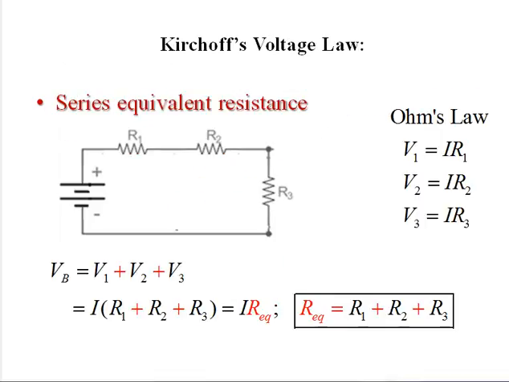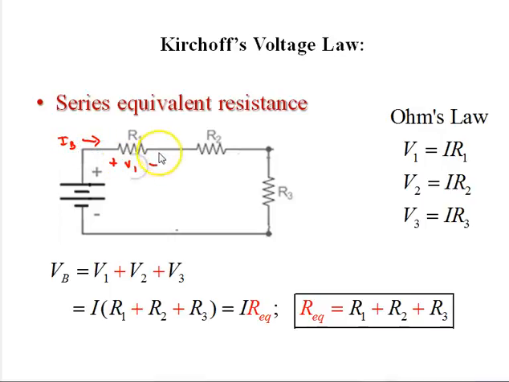We didn't do much with series equivalent resistance. That's a little bit easier to understand. If we did wire these 3 resistors in series, Kirchhoff's voltage law says the sum of all the voltages around a closed loop must equal 0. As we increase the voltage across the battery, we're going to have our current flowing, in this case, clockwise.